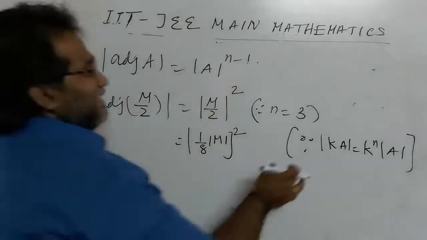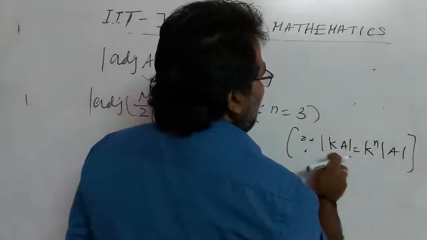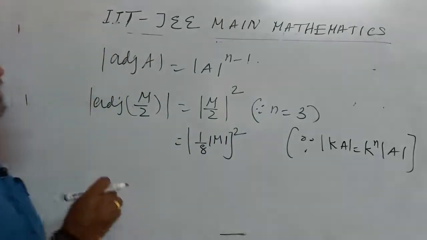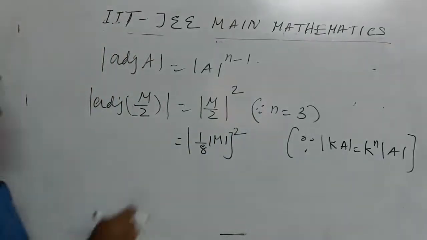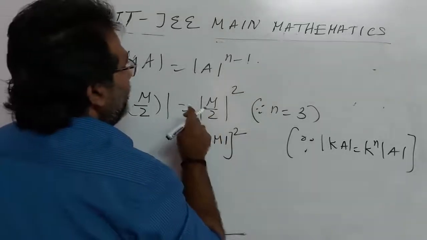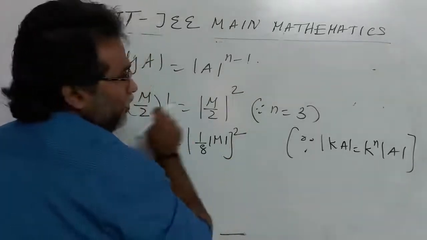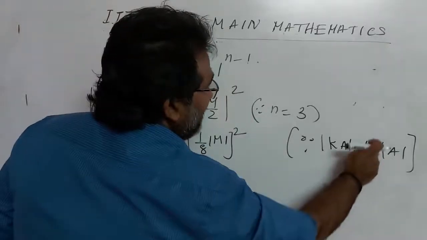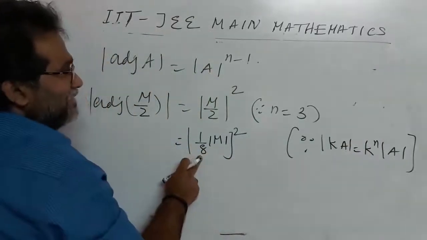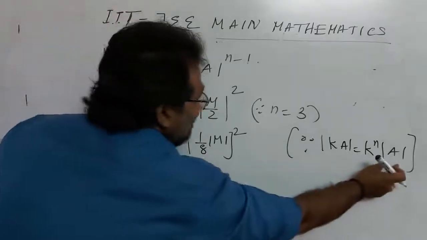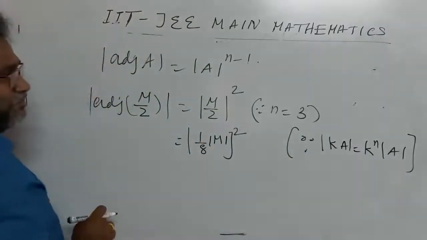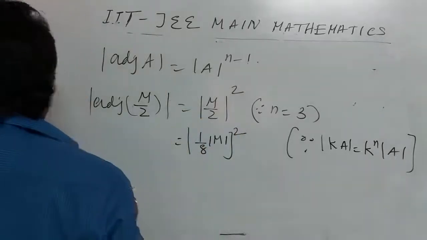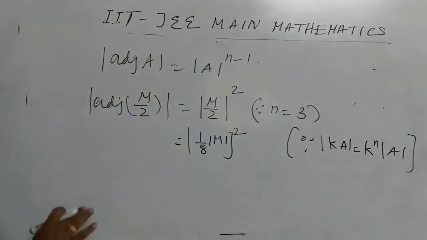So we have the result: determinant Ka equal to K power n into determinant A, where K is a scalar. Here 1 by 2 is a scalar, and it's a square matrix of order 3. From each row we can take 1 by 2 in common. So 1 by 2 into 1 by 2 into 1 by 2, that is 1 by 2 whole cube, that is 1 by 8 into determinant M, the whole square.